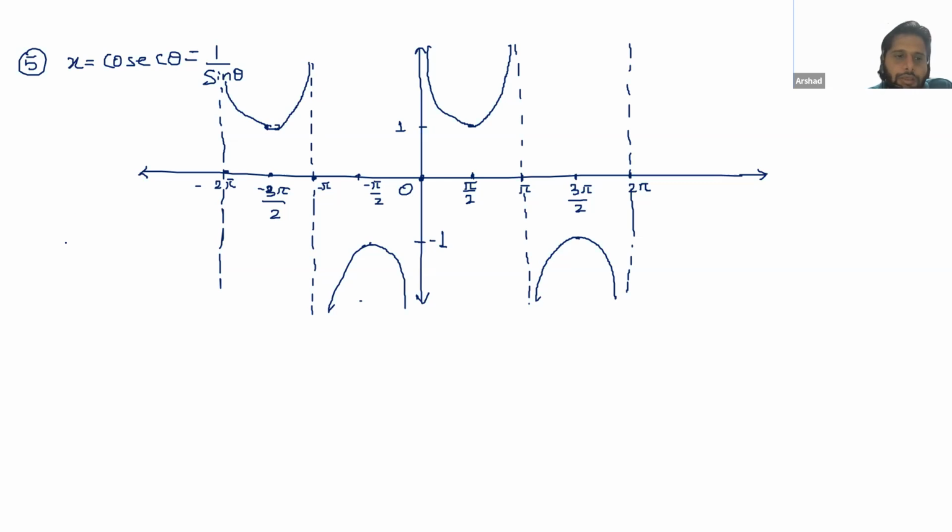Now, domain. Who can tell me the domain of this function? R? No, this does not exist for which angle? 0. Yes, for 0, pi, 2 pi this does not exist. So now anyone can tell me the domain? Rifat, can you tell me?